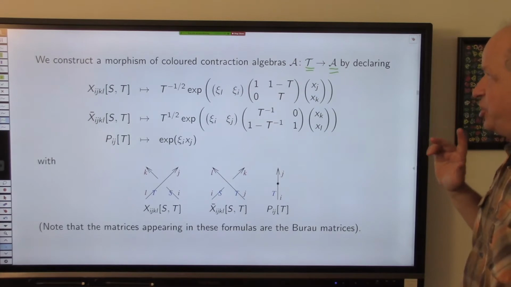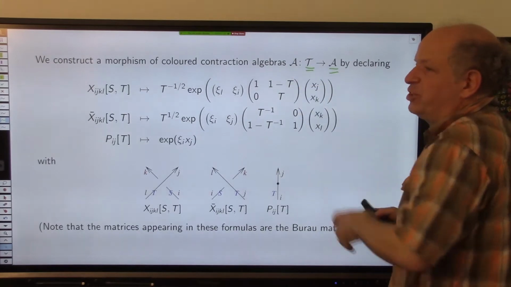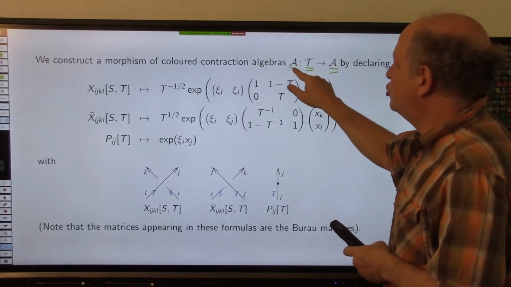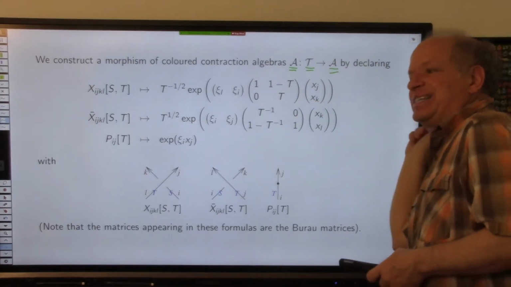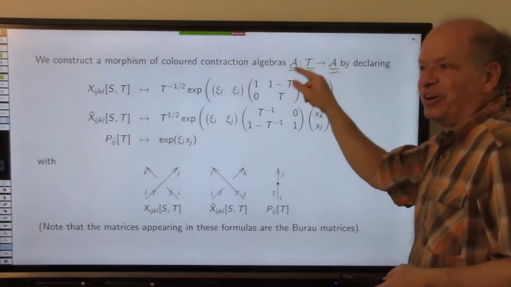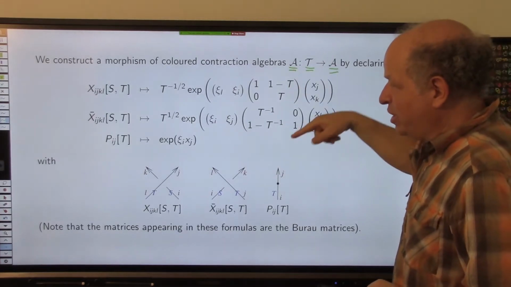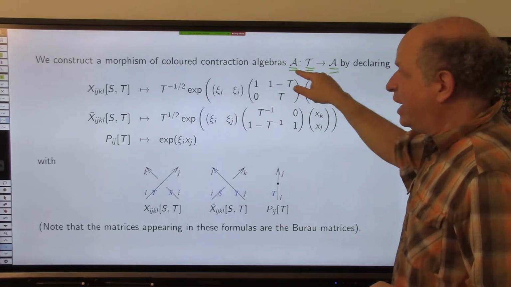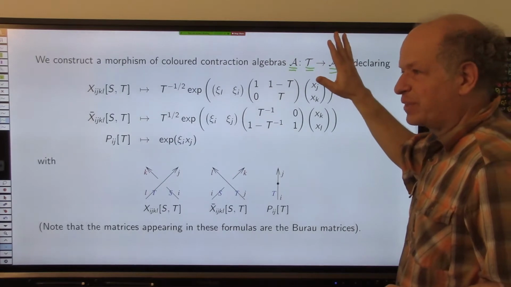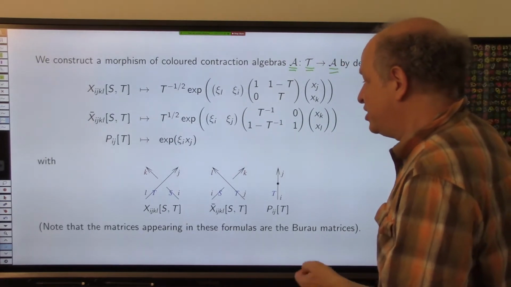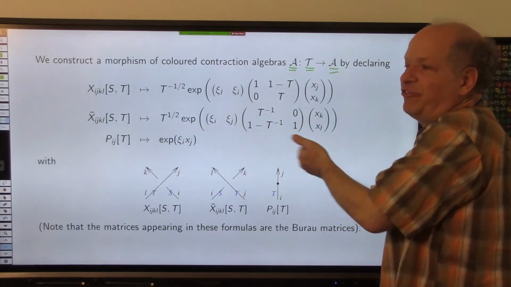So all I need to do is to define this morphism, and by the way, my convention is to use as a name for the morphism the target space. So the morphism is also called A, calligraphic A. So I only need to tell you what is the value of A on the generators of T. Okay? So T has 2.5 generators. So I just need to give you 2.5 values.